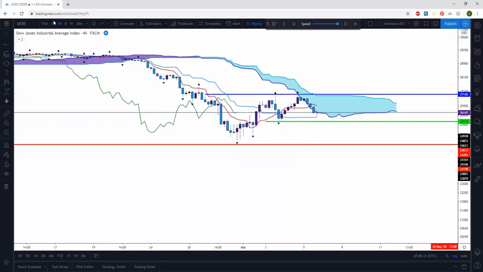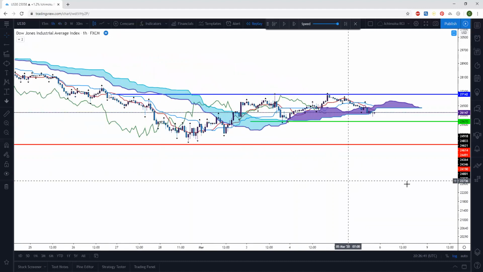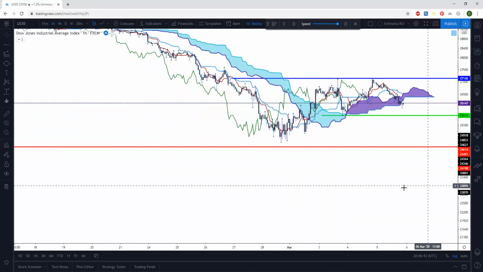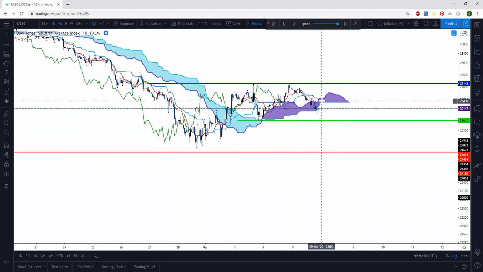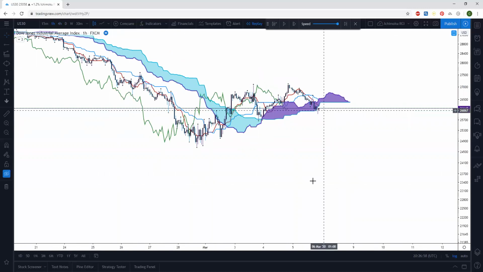Next thing we want to do is go to the hour, because we already see that this is flat. We don't need to look at anything else. So here's the one thing. I want y'all to look at this cloud. What do y'all think about this cloud right here? I want to hear y'all's thoughts.